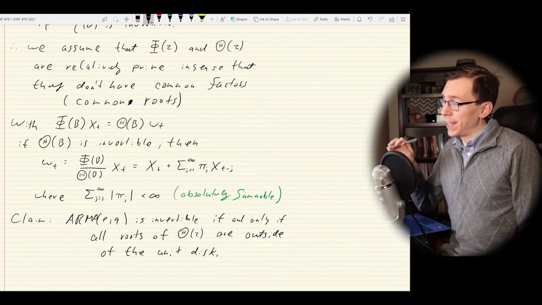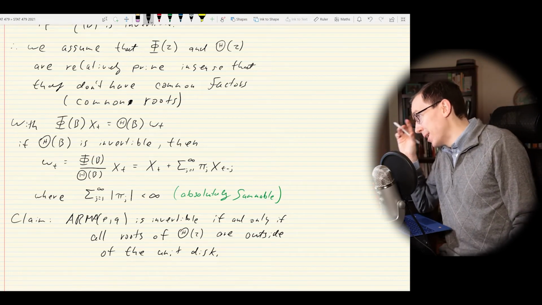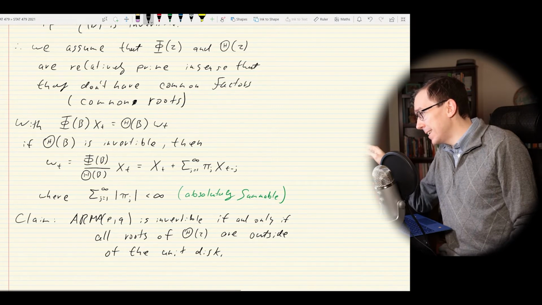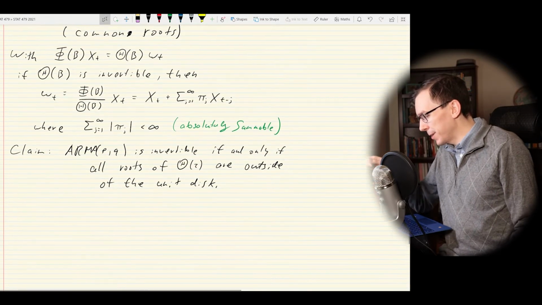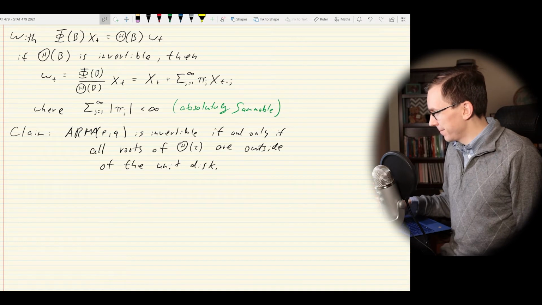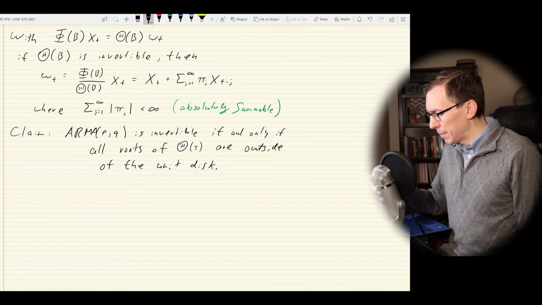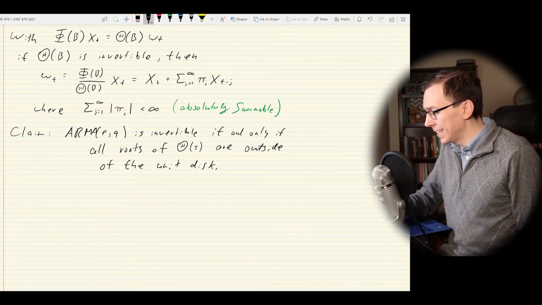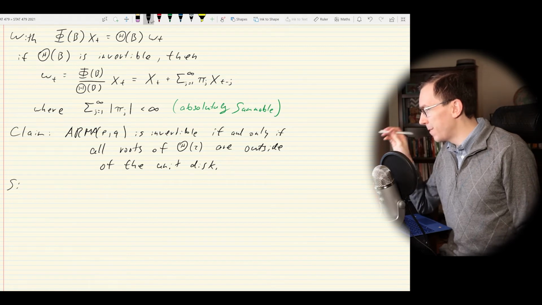And we can actually prove that, which we're going to look at in a second. But what I'm also going to do is write the complementary property, which is the causality for phi.